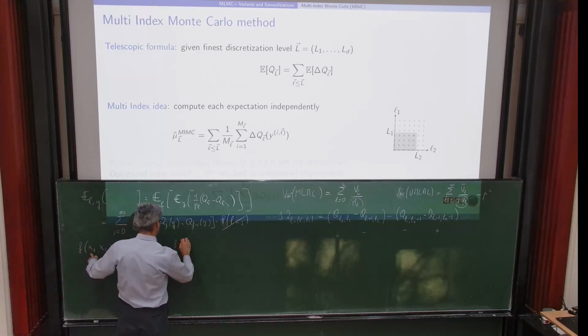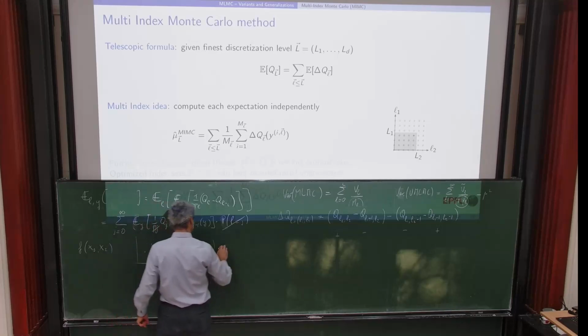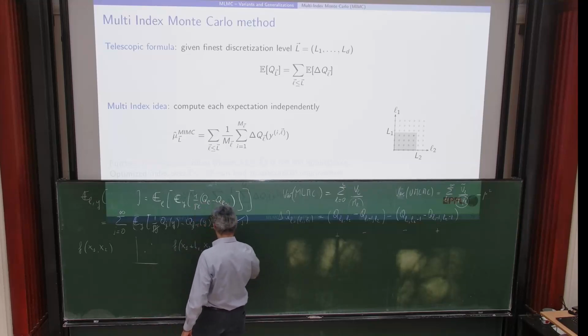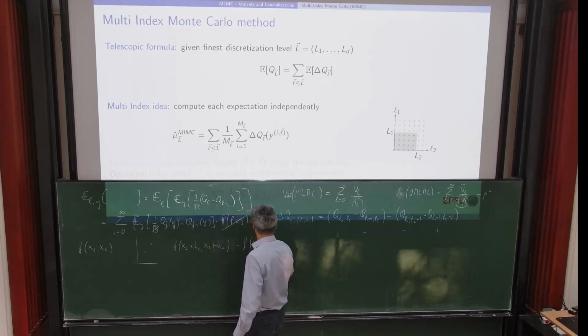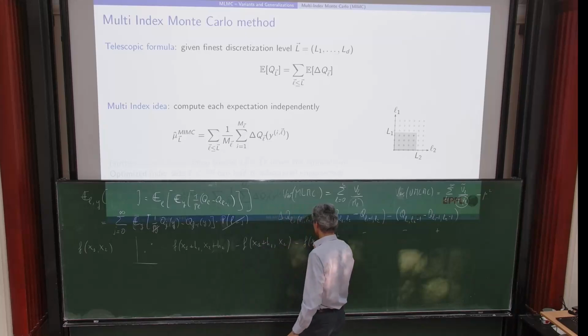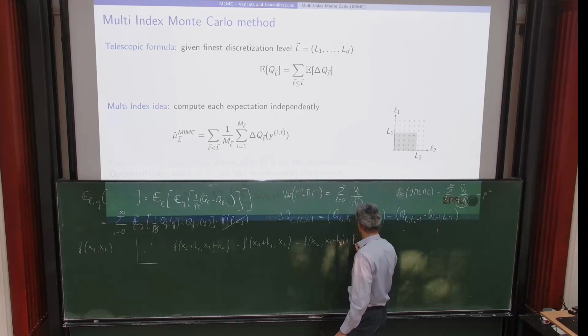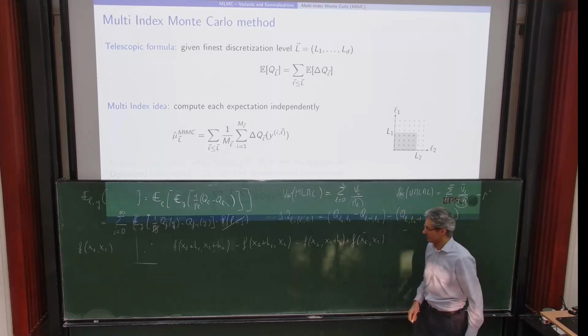So I compute f(x1 plus h1, x2 plus h2), so that's the incremented point, minus f(x1 plus h1, x2), minus f(x1, x2 plus h2), plus f(x1, x2). Okay, so that's a double difference.